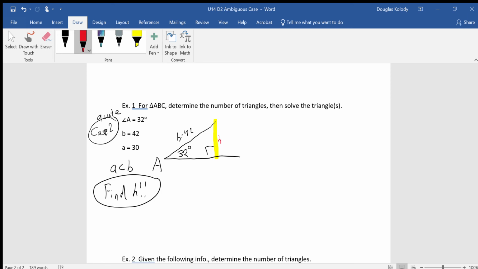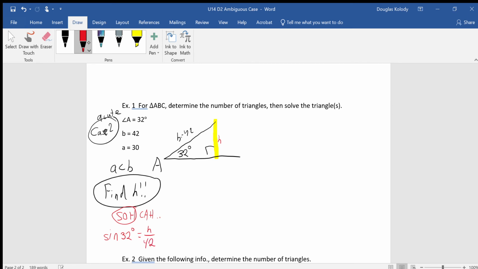Isn't H the opposite side of 32 degrees? It is. And isn't B the hypotenuse? So which trig function uses the opposite side over the hypotenuse? It's sine. So I'm going to say the sine of 32 degrees equals H over 42.